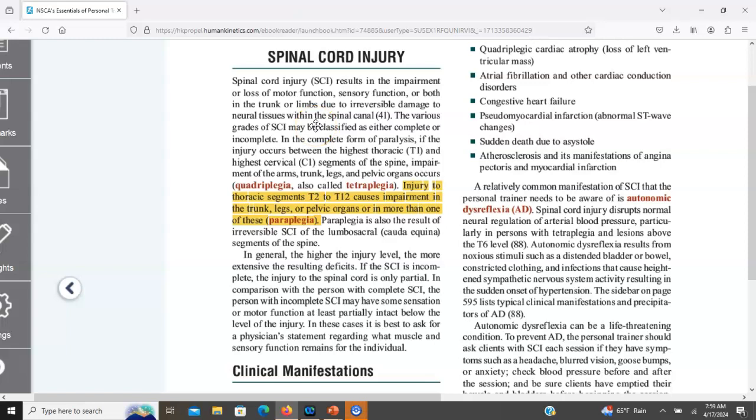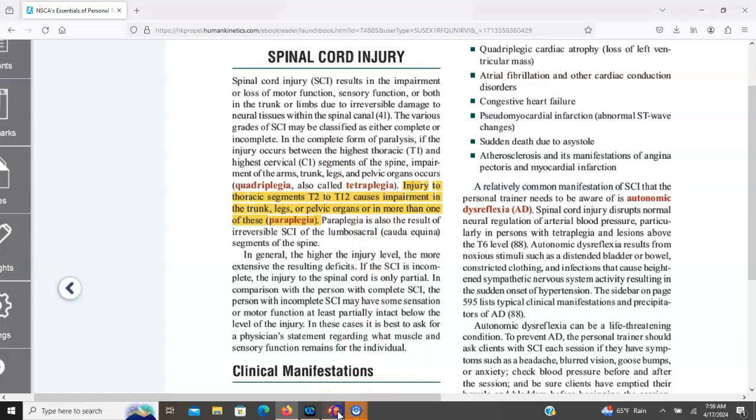When a person is paralyzed, wherever the break or the damage is in the spinal column, or it could be somewhere in the trunk, but usually when we're talking about spinal cord injury, it's going to affect everything else downstream. Like I mentioned, you can have a nerve root issue that affects everything downstream, but it doesn't affect everything in the trunk. So with quadriplegia and tetraplegia, one of the big considerations is where the damage itself is.